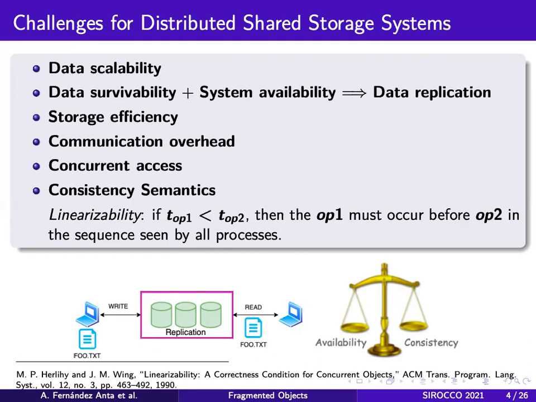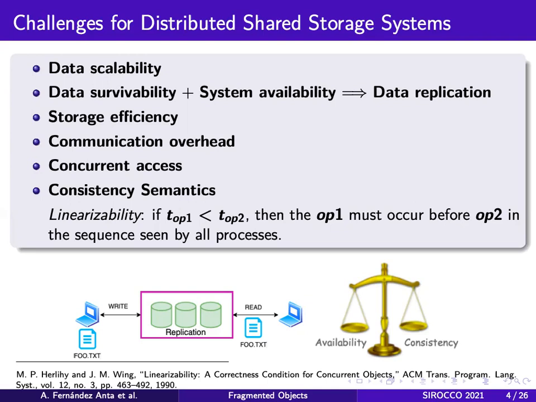Data replication is used to support data survivability and the availability of the system. Concurrent access is how the system manages concurrent access to data. Consistency is how multiple users are getting access to the same file at the same time.